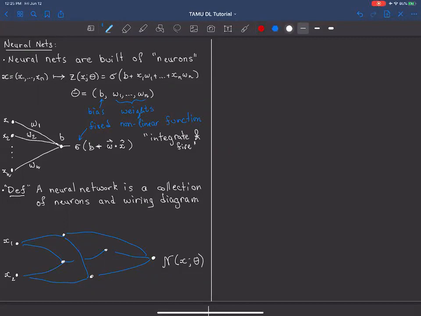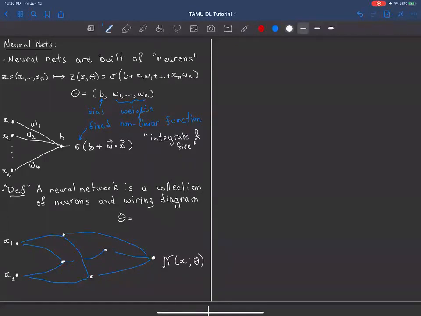And you simply compute the output N of X and theta by recursively going through the network. That's one way you can think of it. Or you can go forward. You start with the vector X and you compute the output of this neuron, and you compute the output of this neuron, and you compute the output of this neuron once you know this neuron, and so on. And you can go forwards through the network and finally get out the output N. Okay, so that's what a neural network looks like.